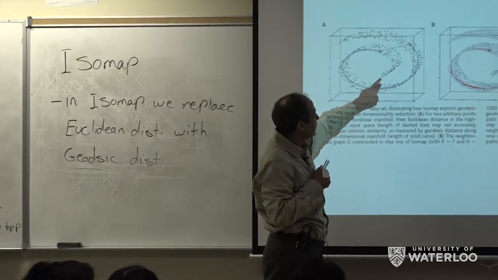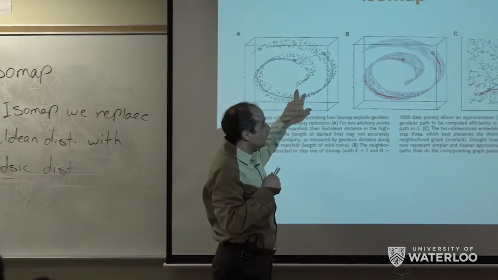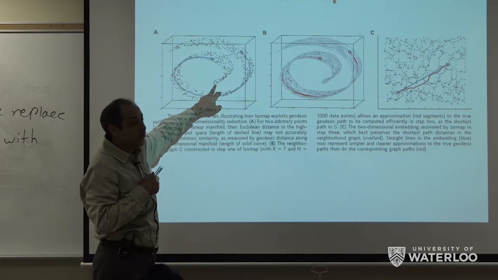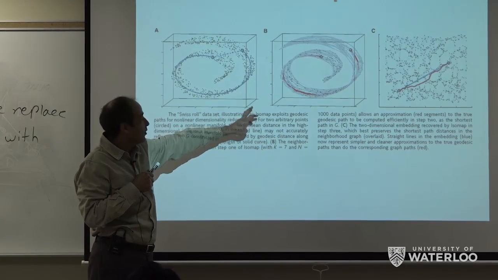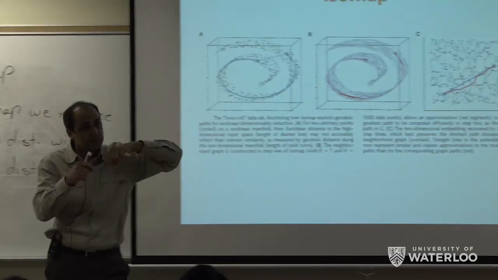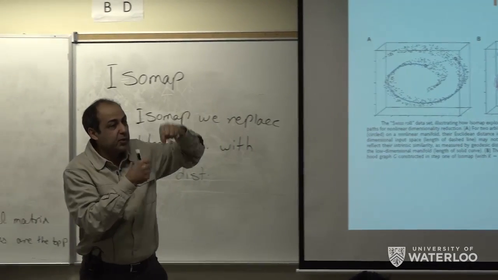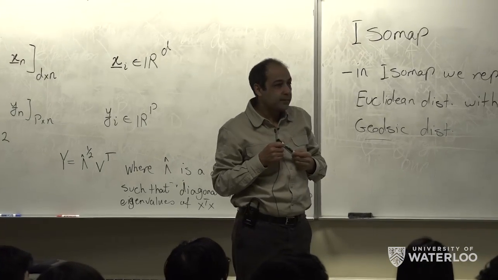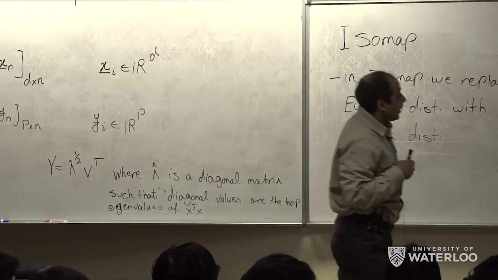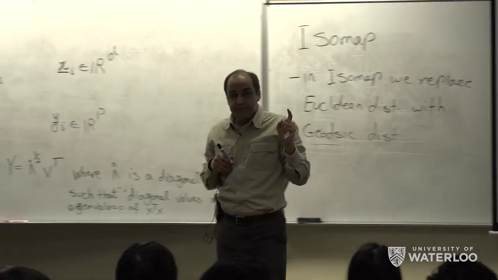That's your data. The only difference between B and C is that you connect each point to its k-nearest neighbor, and you get C. So these axes are still 3 measurements that you have for each point. Okay, is that clear?